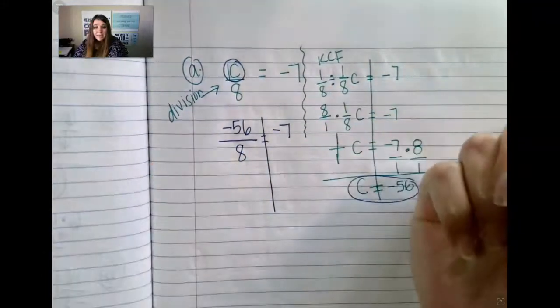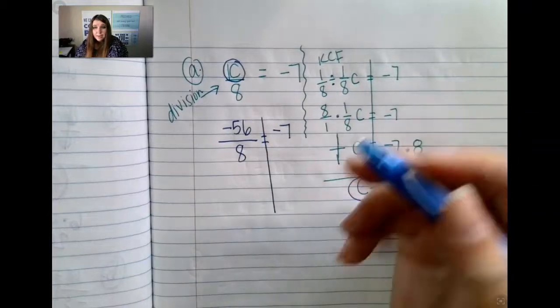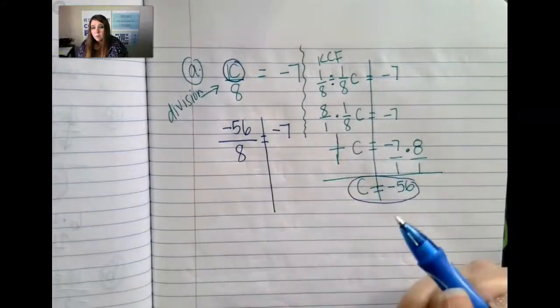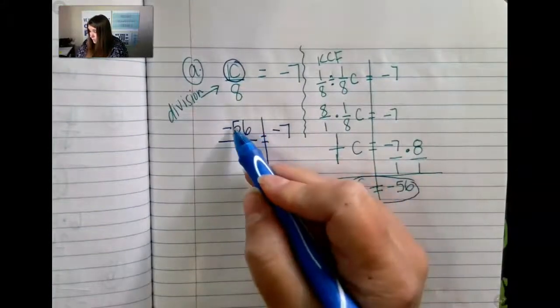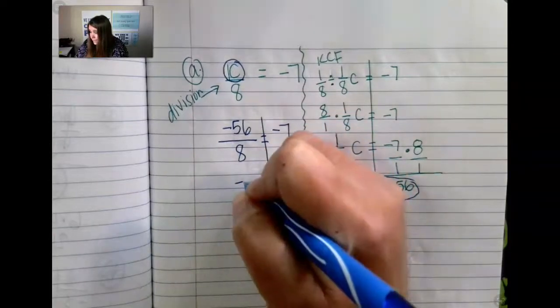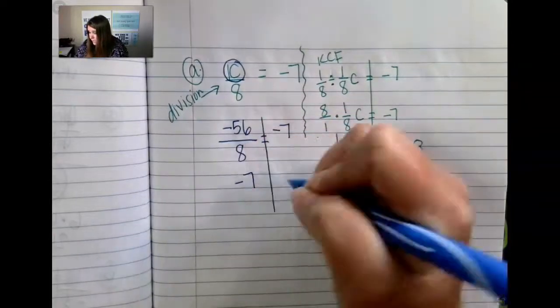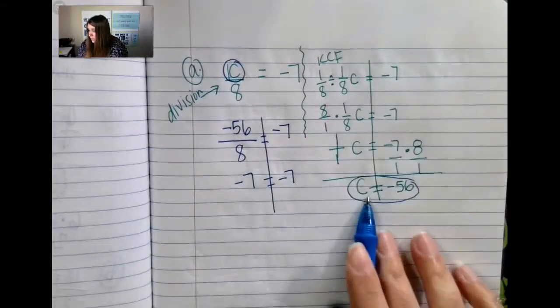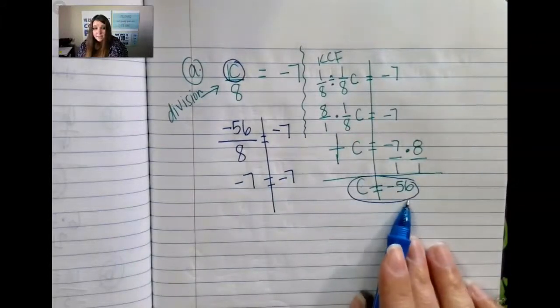We want to know, is this true? Is -56 the correct solution for this problem? So we know 56 divided by 8 is 7, and it's one negative sign, and -7 does equal -7. So -56 is the solution.